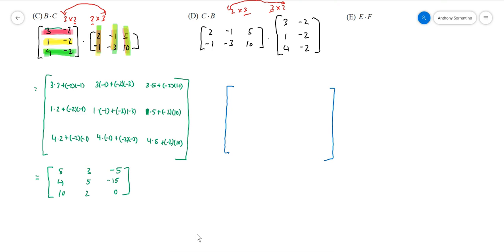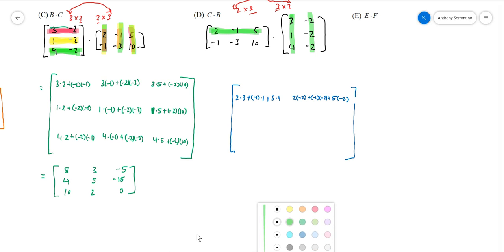And so when I go through and do this, I'm going to have this row with first this column. So I'm going to have 2 times 3 plus negative 1 times 1 plus 5 times 4. And then when I do this row with this column, I'm going to have 2 times negative 2 plus negative 1 times negative 2 plus 5 times negative 2.